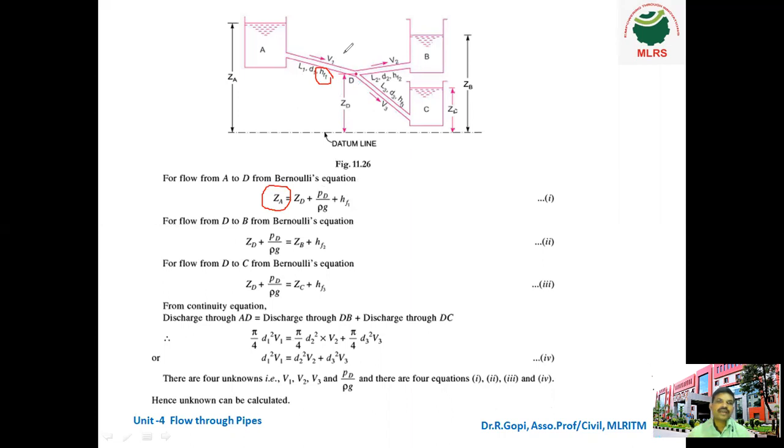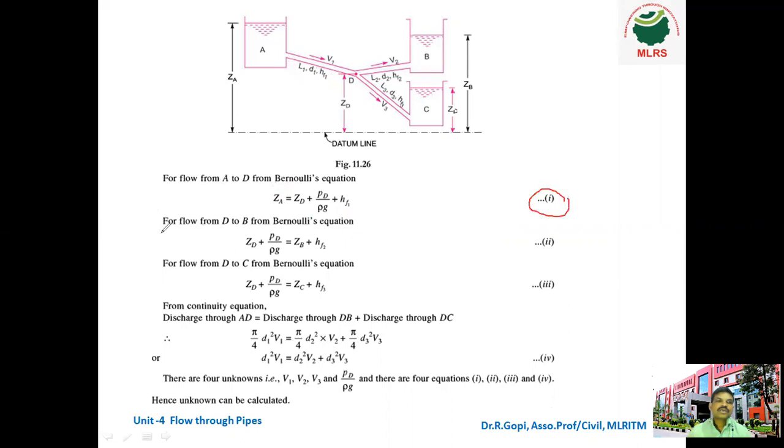Since initially all the tanks are at the same level and flow is also steady, the velocity is constant. Since it is a pipe, pressure head will come and also loss of head due to friction. In a tank there is no loss of head due to friction; loss of head due to friction only comes in the pipe. So consider this as equation number 1.